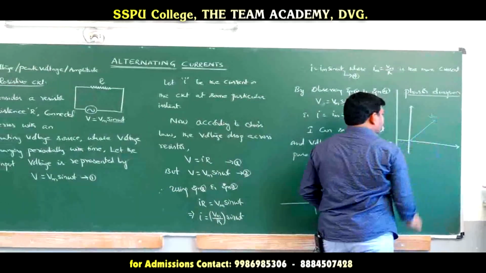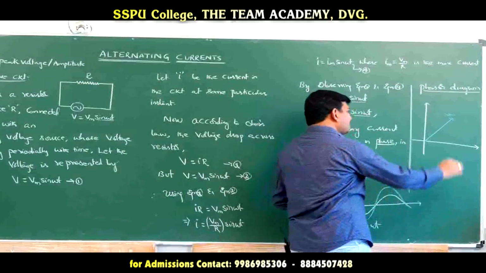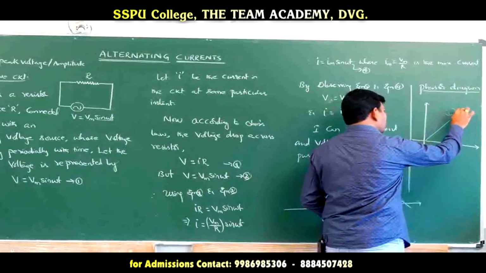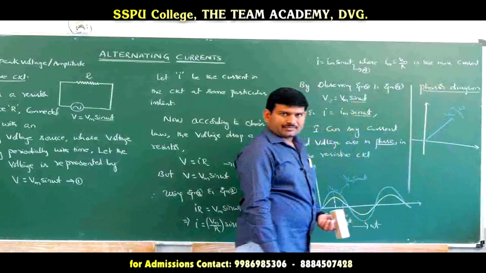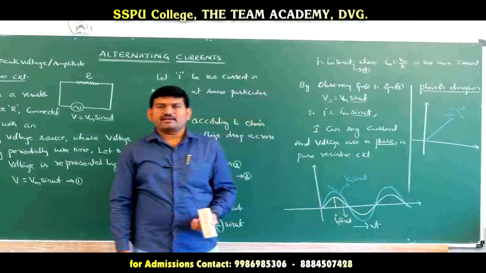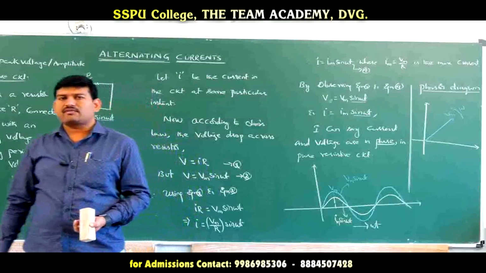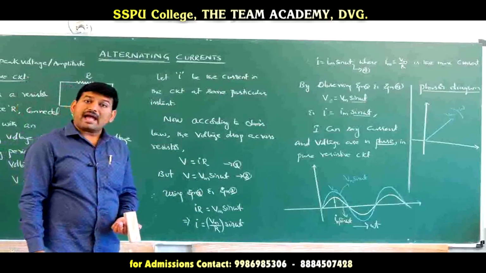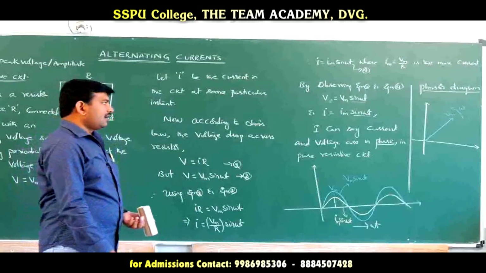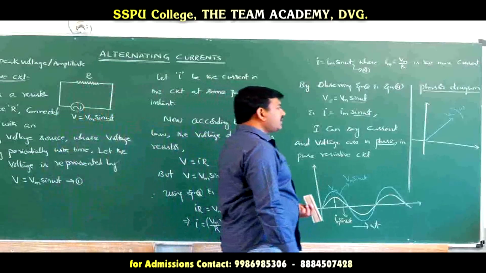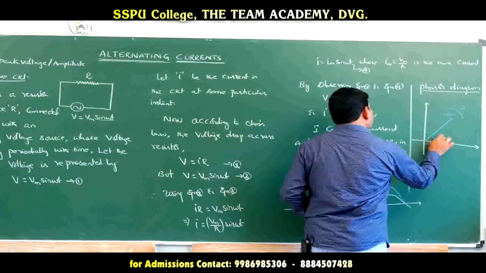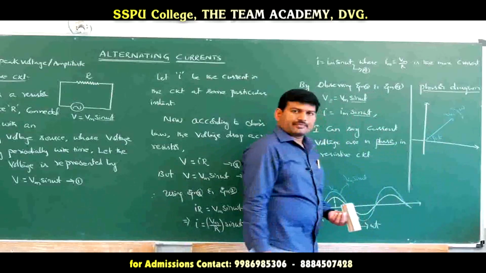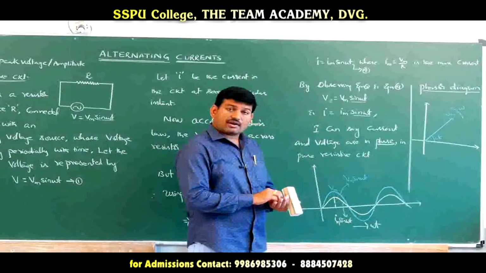Now this vector is a rotating vector which is rotating in anti-clockwise sense with angular speed omega. In phasor diagrams, generally the rotating vector is taken to rotate in the anti-clockwise sense. If the angular speed is omega, in a small interval of time t it will rotate by an angle omega t. Is that clear?